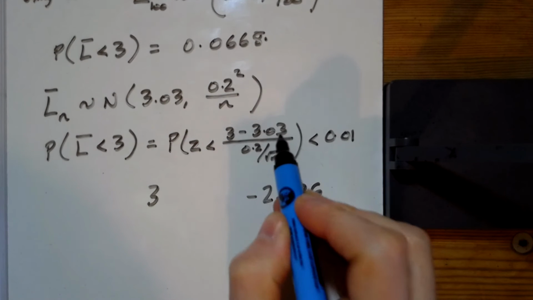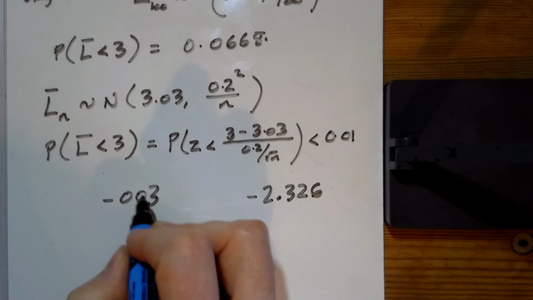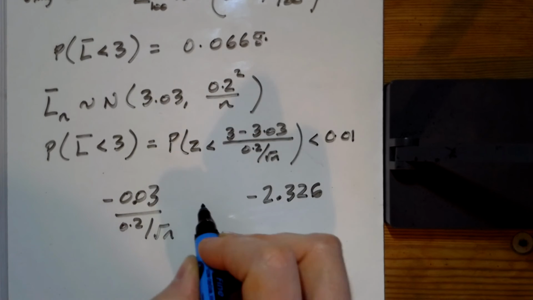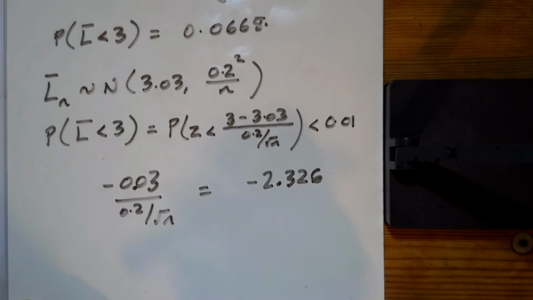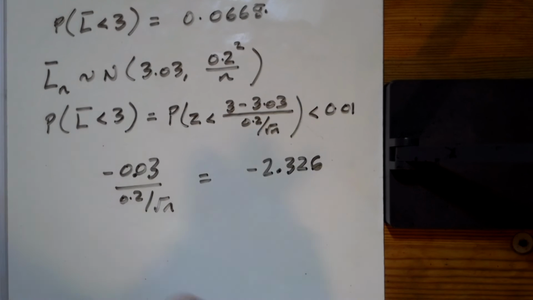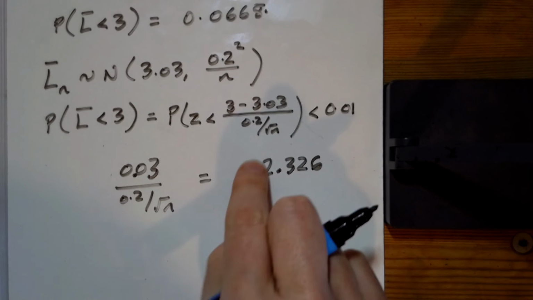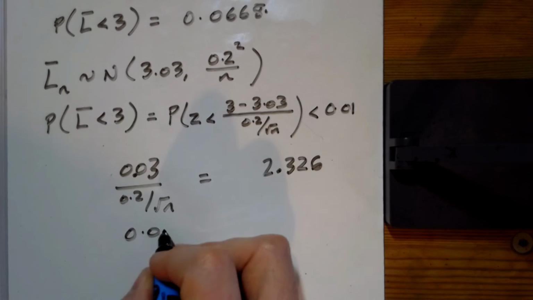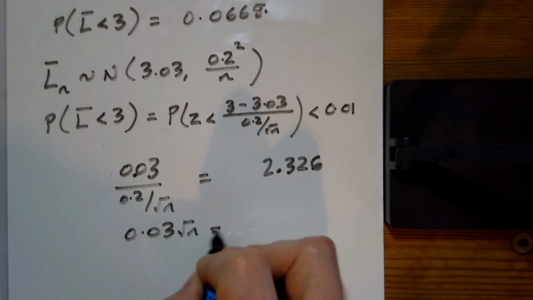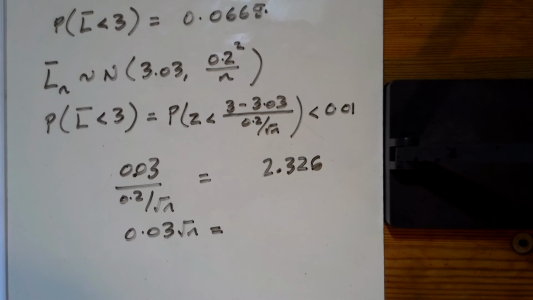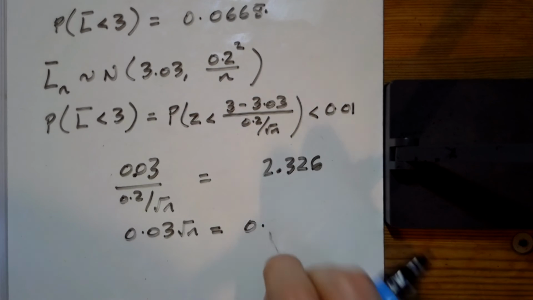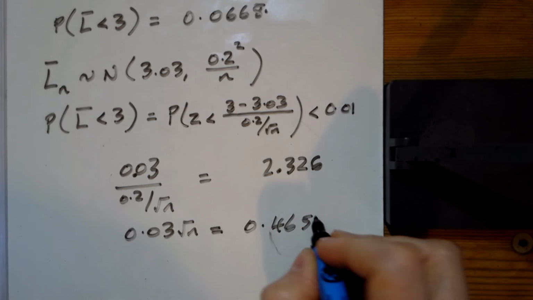So now we've just got an equation to solve. 3 take away 3.03, so that's minus 0.03 divided by 0.2 over root n. Let's put that equal to each other so we can work out what n is going to be. We'll get rid of the negatives and times that up. So I'm going to get 0.03 root n equals, what have I got there? That times 0.2 is 0.4652.